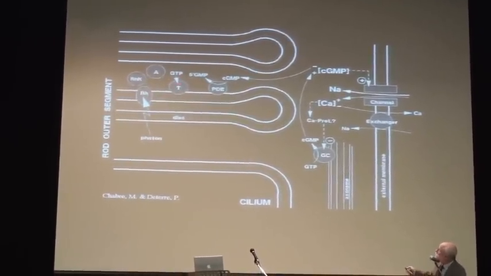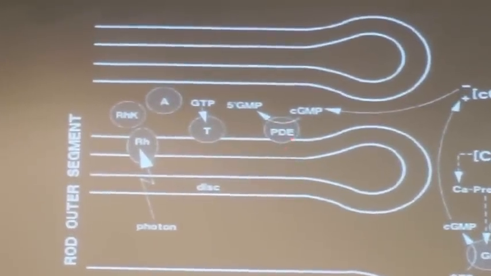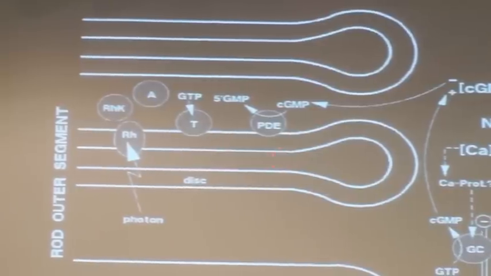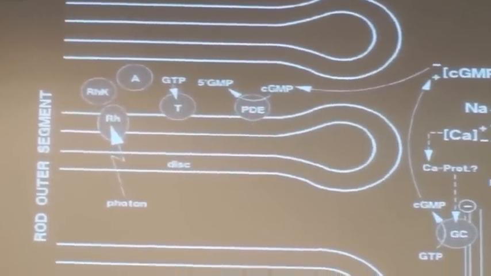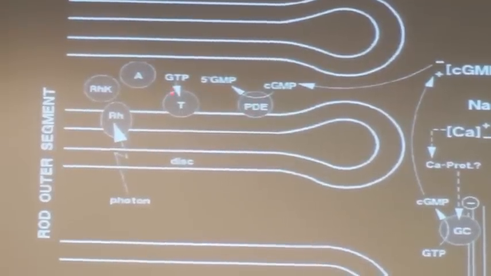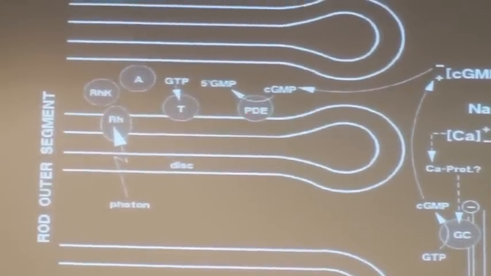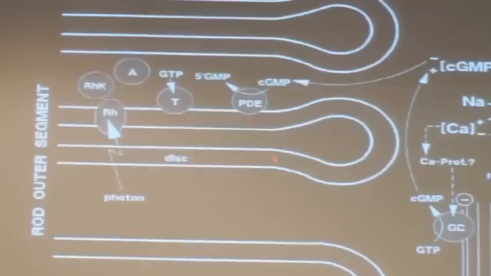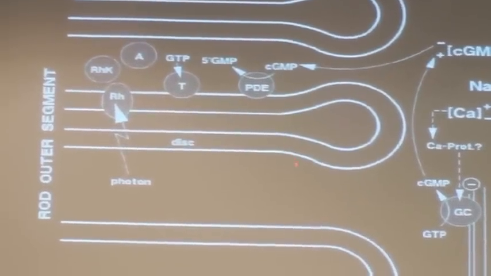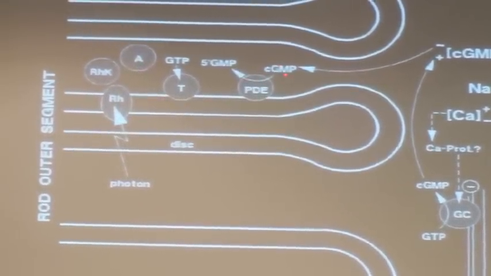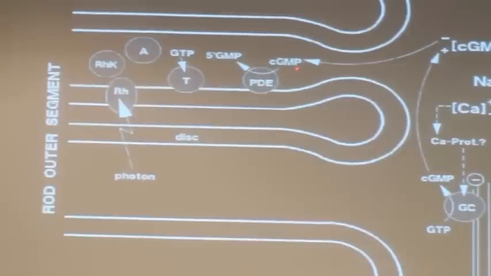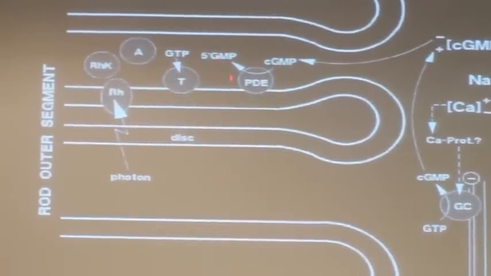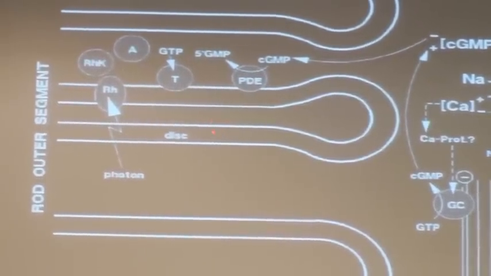Now the rhodopsin-transducin-GTP complex acquires the ability to interact with another protein called phosphodiesterase, labeled PDE here. And when they bind together, this turns on the phosphodiesterase, which is a chemical scissors, which can cut a molecule called cyclic GMP, turning it into 5' GMP.